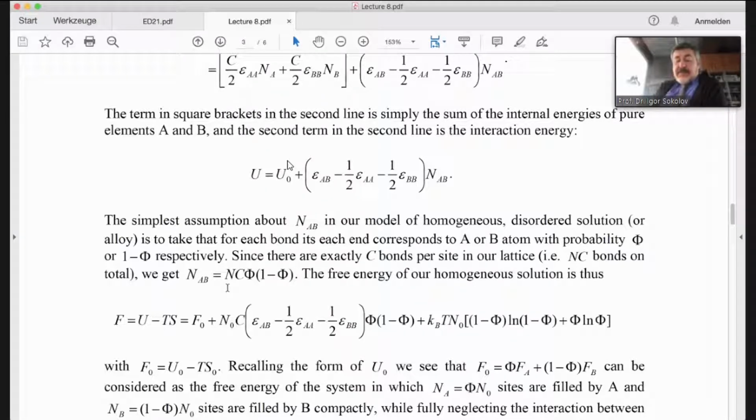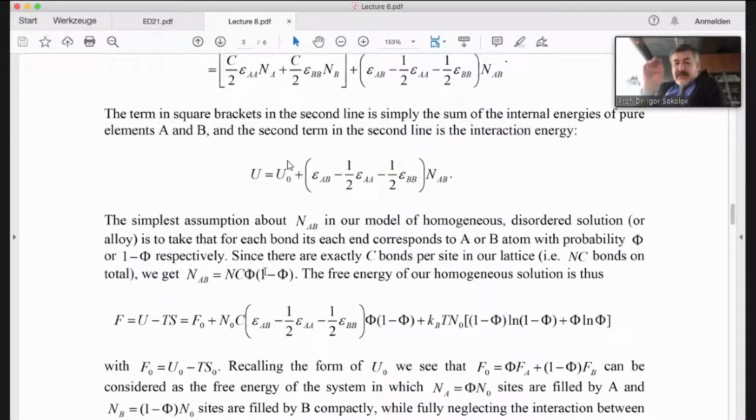NC is approximately the total number of the bonds. Okay, NC over 2, I have probably forgotten the half, because for each site, the bond is calculated twice. And here I have phi, 1 minus phi, it's essentially Na times Nb, the total number of AB pairs. No, it's correct. Sorry, it's correct.